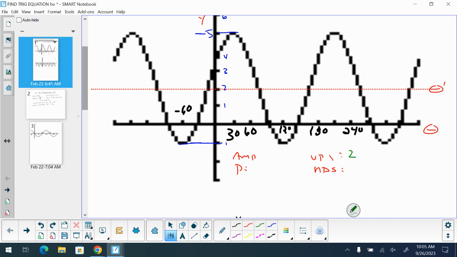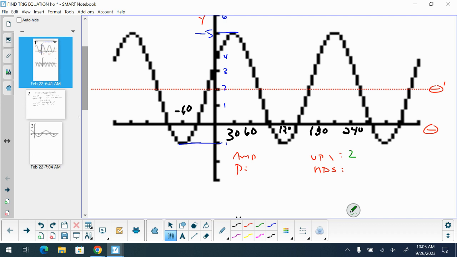So this is my prime axis. What would be the next easiest thing to be able to find? Period? No, not the period. Amplitude. Now how would we find the amplitude? Isn't it the top one and the top number?